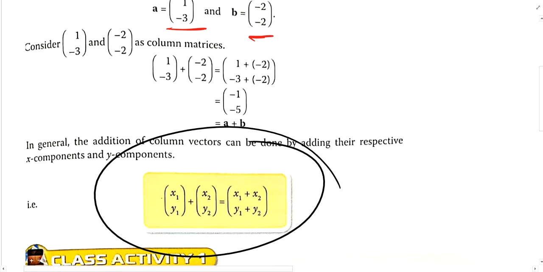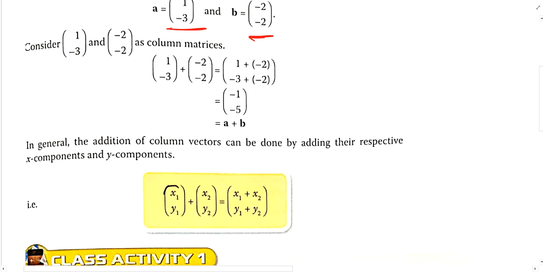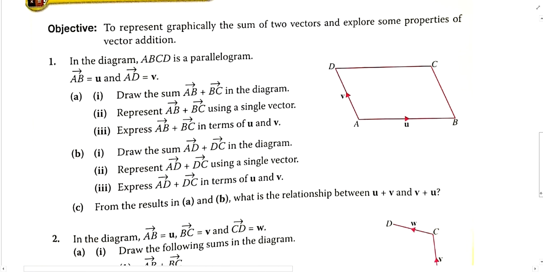As I've repeated many times, the number at the top refers to the displacement in the x-axis direction, whether it is positive or negative, left or right. The number at the bottom refers to up or down, okay? That is why they have a y coordinate, and adding them up will simply give us this. It works with subtraction also.